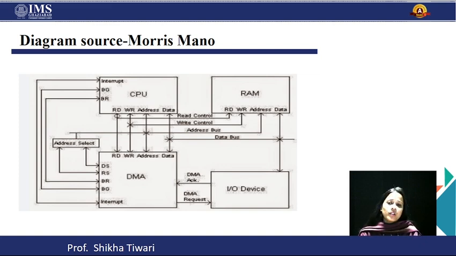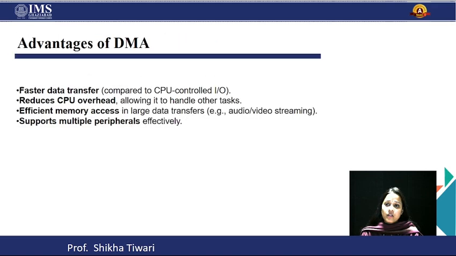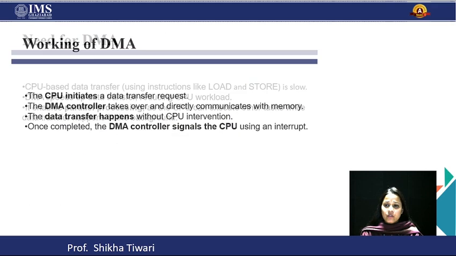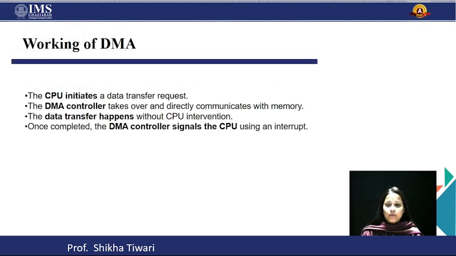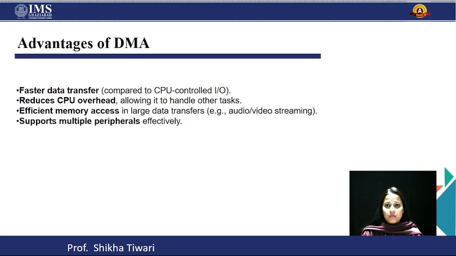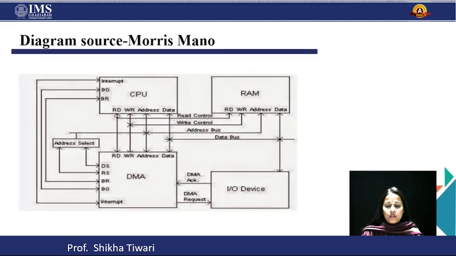So from where the CPU initiates, we have discussed in this slide that CPU initiates. Yes, here. We have discussed here that CPU initiates a data transfer request and then DMA takes control of the buses. So in this diagram, let me explain how it works.